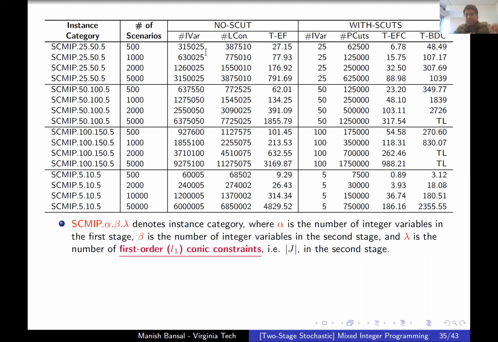If I look at the extensive formulation, which is the large scale conic integer program, then it has this number of integer variables and these are the number of linear constraints in the problem, before you add any cut. If we are talking about this problem with 5 integer variables in the first stage, 10 integer variables in the second stage, with 50,000 scenarios, it has 6 million integer variables and 6.8 million linear constraints. Got it.